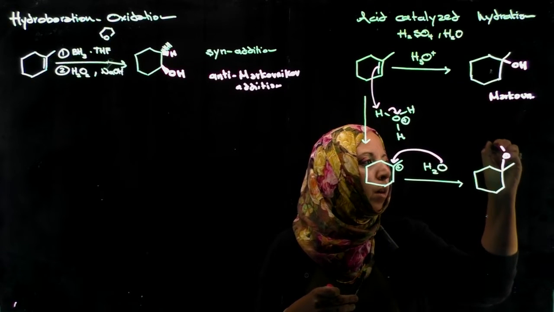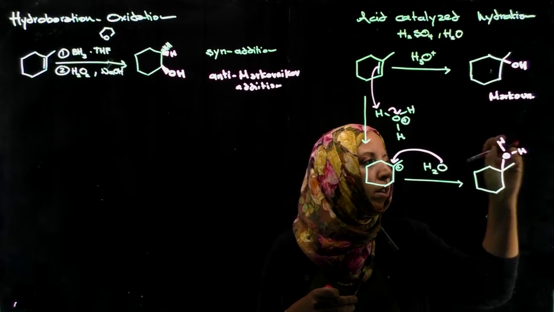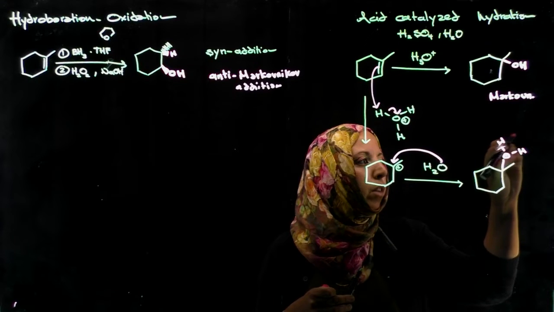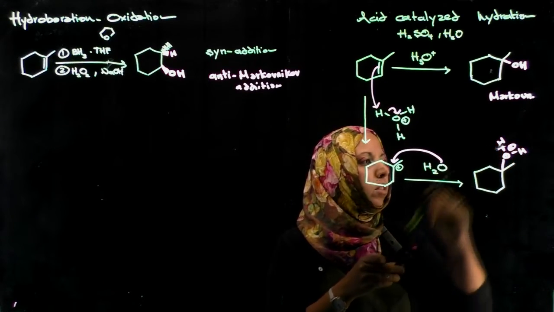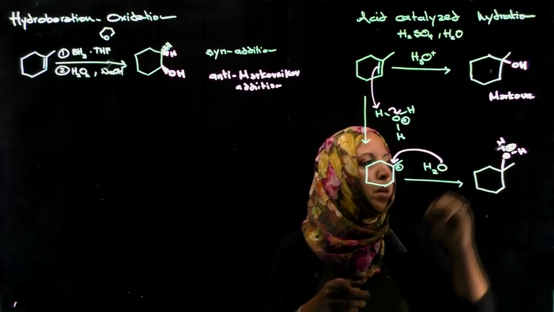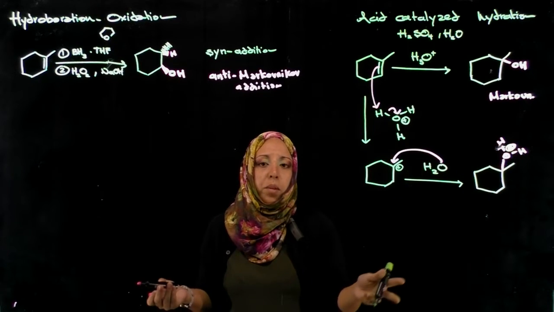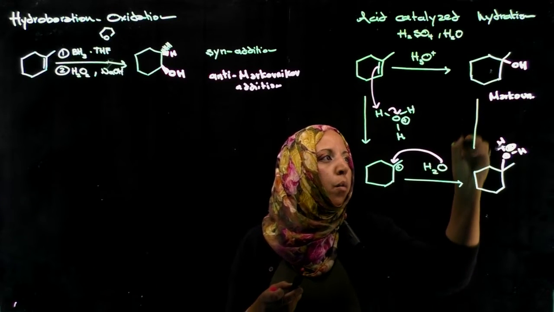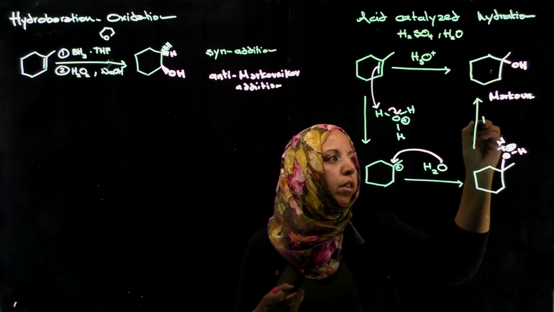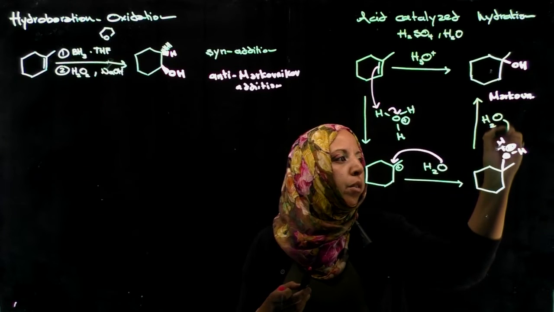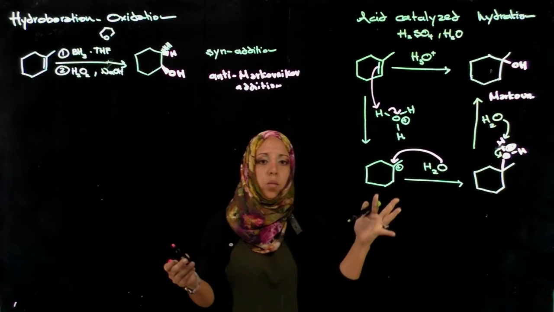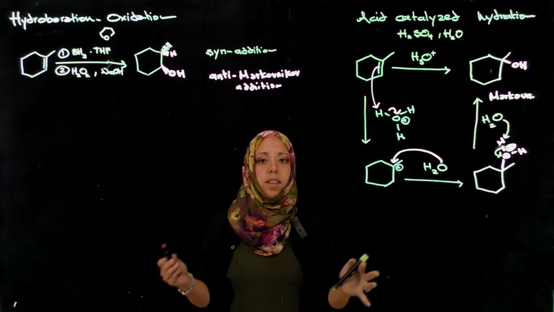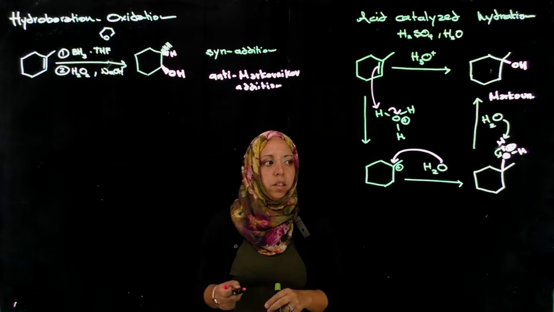So now you have a bond to water, right? It's still connected to both hydrogens. It's water, right? It's positively charged. So the next step is really to deprotonate this water. Right, so another water molecule will deprotonate it. Those 2 electrons would go to the oxygen, and we get our final product, so an acid-catalyzed hydration.